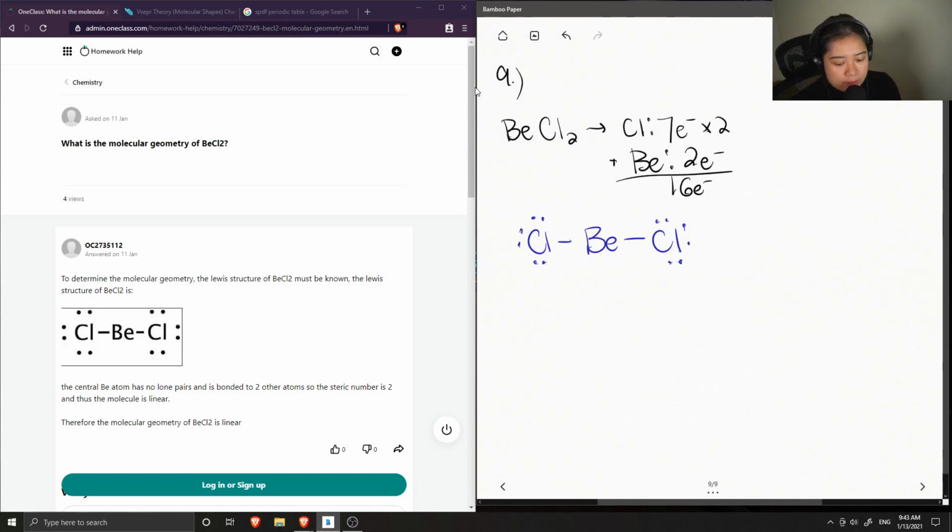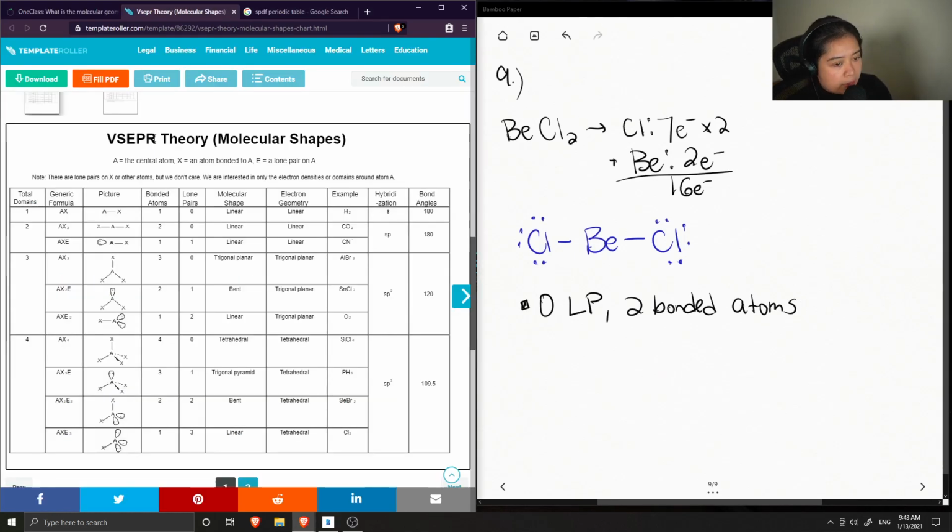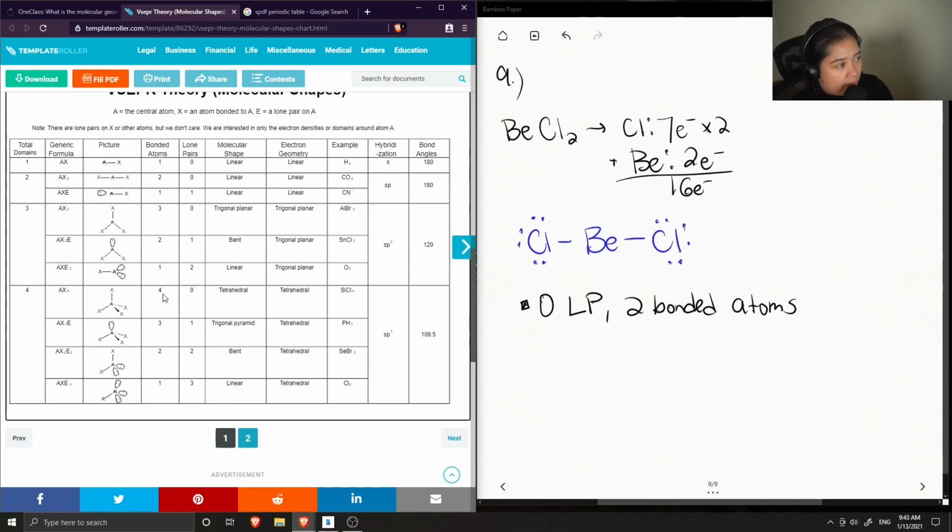So now let's use the VSEPR table to show the molecular geometry. On our beryllium atom, we have 0 lone pairs, and we have 2 bonded atoms. So if we look at our VSEPR table, when you have 0 lone pairs and 2 bonded atoms, the molecular geometry and also the electron geometry is linear.